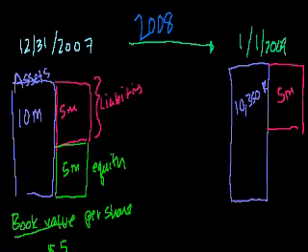And what's left over for the equity? Well, since our debt stayed the same, all of our earnings fall straight down to equity. So we have $5,350,000 of equity.